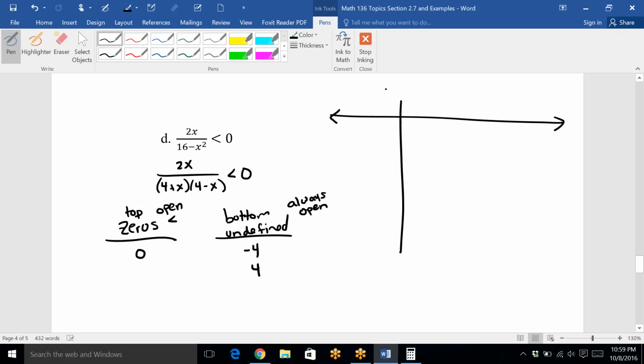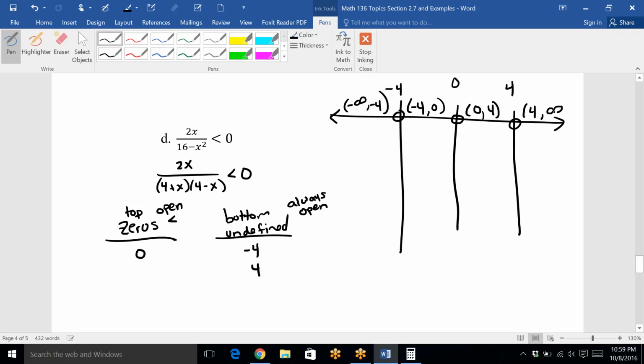So from least to greatest, we would have -4, and then 0, and then 4, all with open circles. This is -infinity to -4, parentheses on -4 to 0, 0 to 4, and 4 to infinity. Test values.